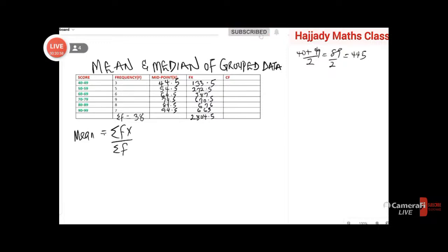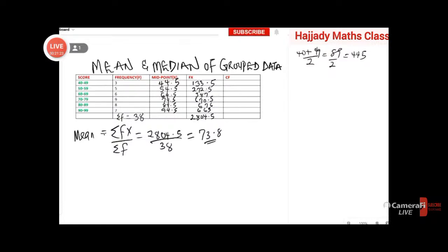So this is going to stand for our summation fx. So calculating the mean here, we have that our summation fx, which is 2,804.5, divided by our summation f, which is 38, is going to give us 73.8.